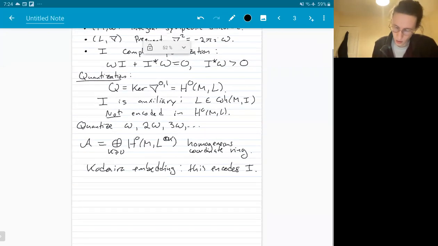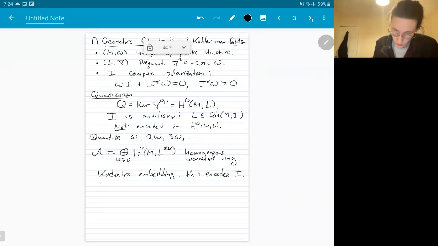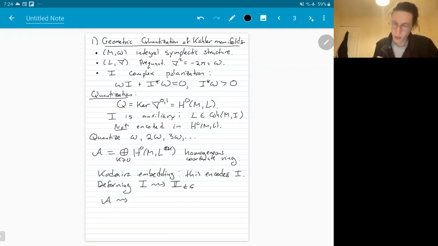And so one way of thinking about what we want to do is we can imagine deforming I as a polarization to a generalized complex polarization by turning on a Poisson structure. What this will do is deform the algebra. It won't deform the vector spaces, but it will deform the product.